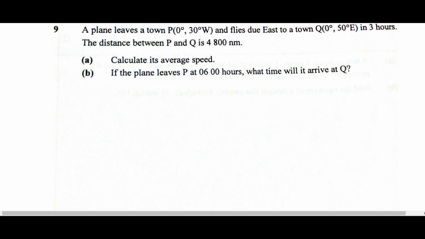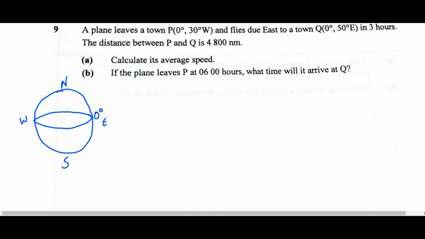What I like to do here is to draw the Earth's surface. So we know that we have the equator. The equator is the longest latitude, so it has 0 degrees.